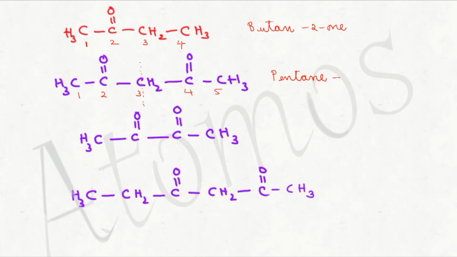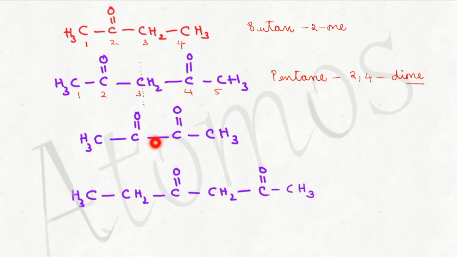Then we specify the position of the functional groups. They are at the second and the fourth positions. So how to write the name? Pentane-2,4-dione. Why dione? When ketone functional groups are present, the suffix is one, and here 2 are present, so that is the reason we write dione. Got it? Pentane-2,4-dione. This will be the name of the compound.